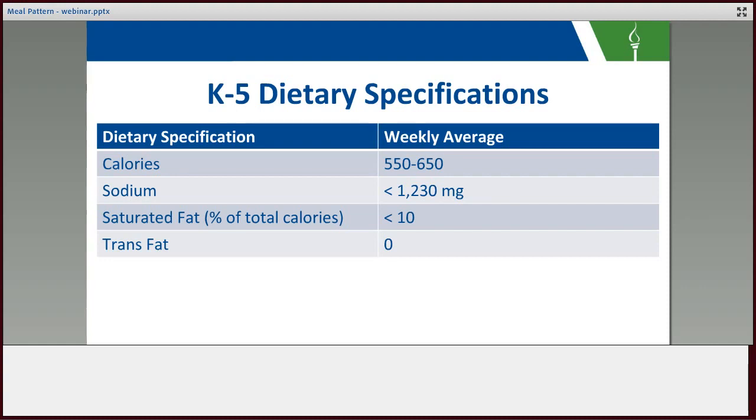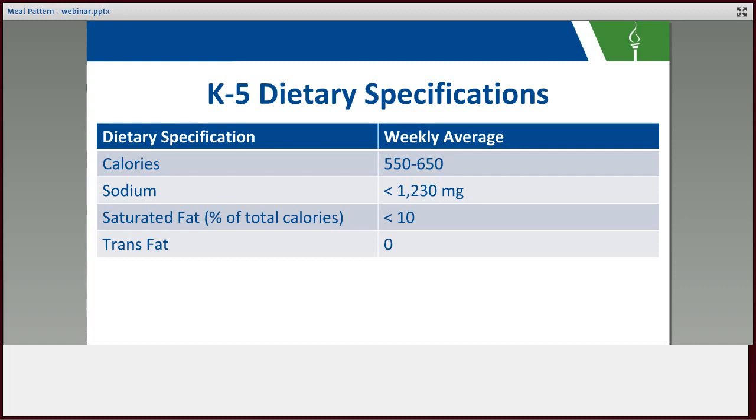Sodium needs to stay below 1,230 milligrams. Saturated fat needs to be less than 10% of total calories, and trans fat is 0. For all of our dietary specifications for both lunch and breakfast, you need to meet the same saturated fat and trans fat limitations. Calories and sodium are going to fluctuate a little bit between the different meal patterns.